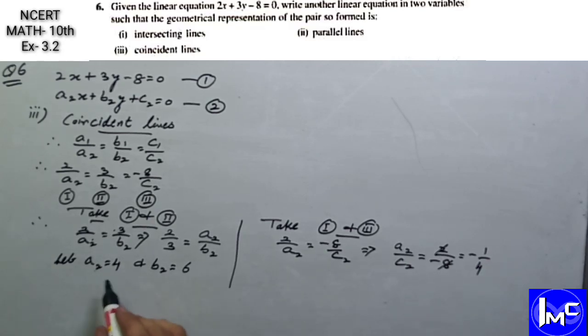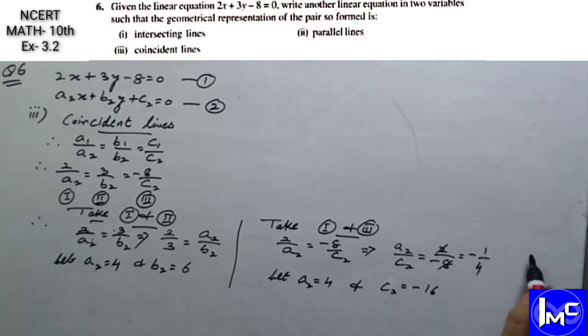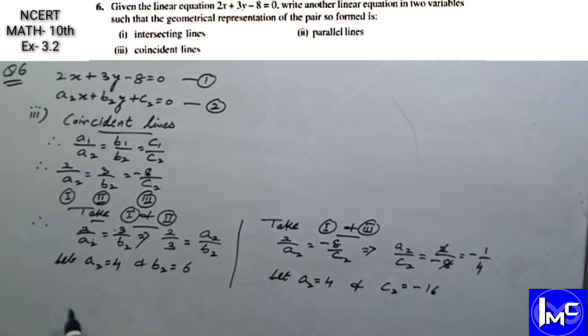We know that a2 is already taken as 4, so c2 will be -16, because 4 over -16 will make -1 by 4. So these three variables have been found.